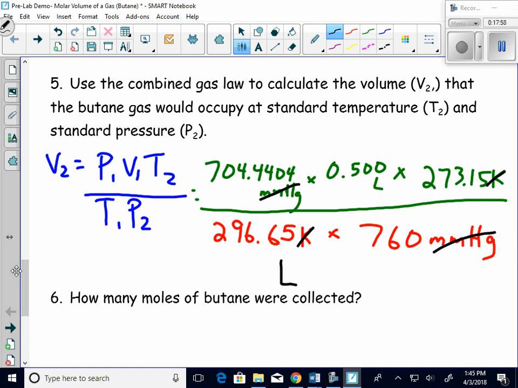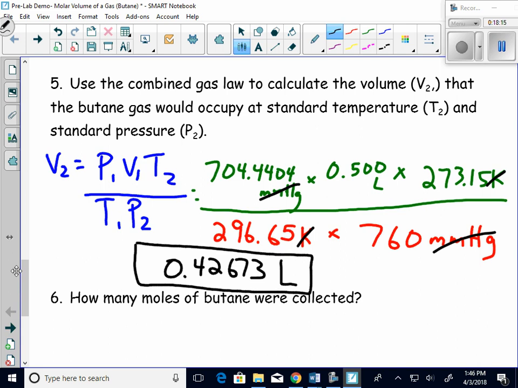When I do my calculations, I come up with a value of 0.42673 liters. So that is equal to V2. That is my volume at STP of the gas I would have collected.